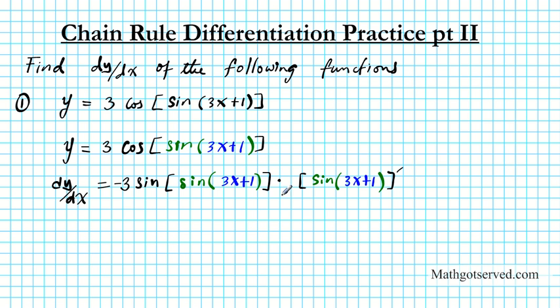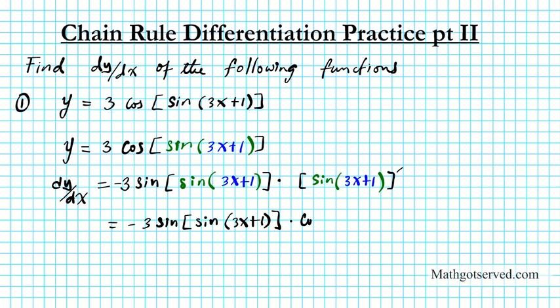So we're going to bring this down. To differentiate that, we're going to have negative 3 sine of, this one I can write in the same color since we don't need to focus any attention here anymore, 3 sine of 3x plus 1. We're done with that. Now shift our attention to this. The derivative of sine is cosine, so I'm going to change that to black.